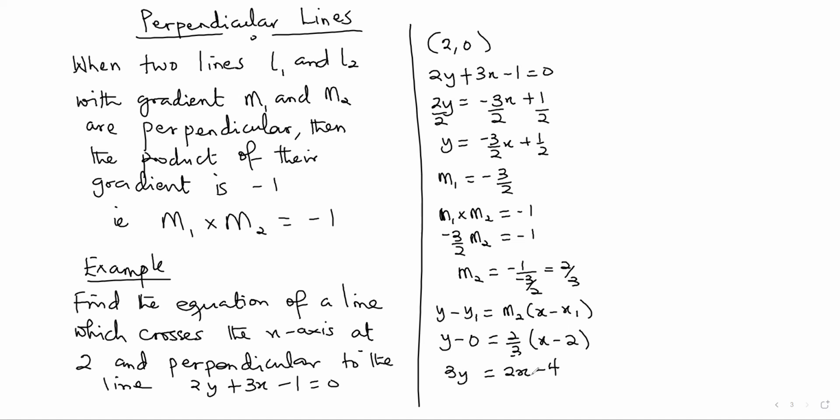And we can group them into standard form. So we're going to have 2x, this one becomes minus 3y minus 4 equal to 0. So this is the equation of the line.